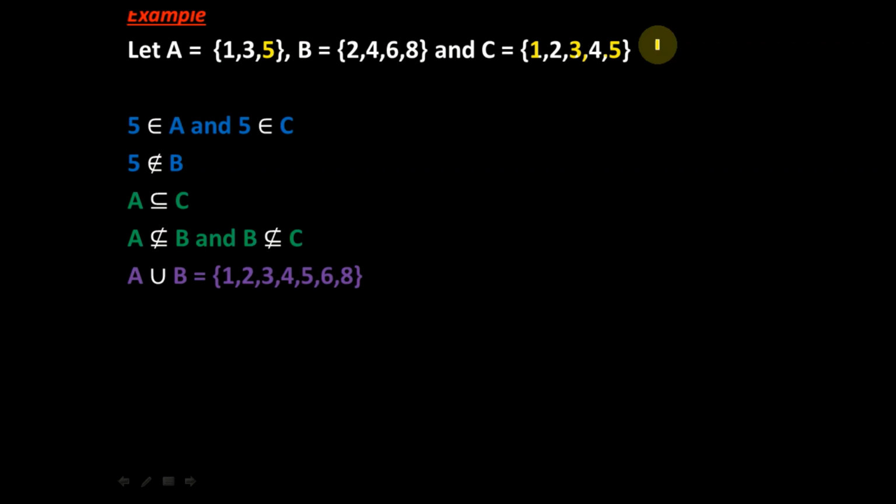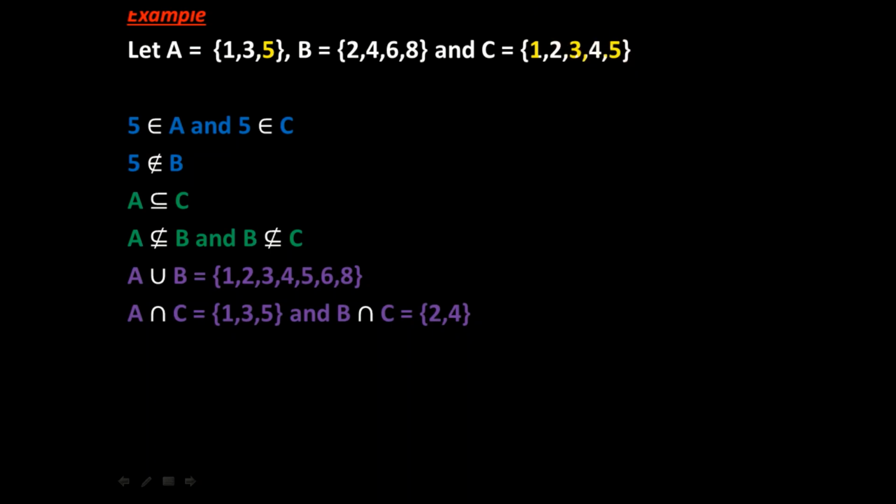The similarities are where both A and C intersect. As we can see, 1 also appears in C. 3 also appears in C. 5 also appears in C. So what is the intersection of A and C? It's 1, 3, and 5.